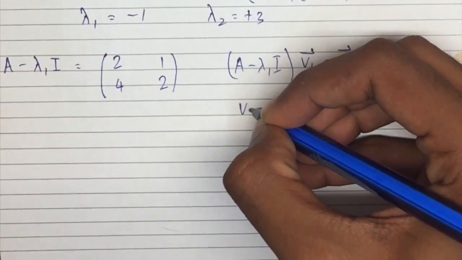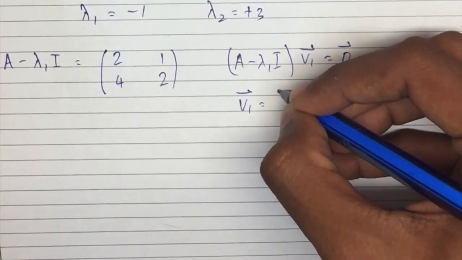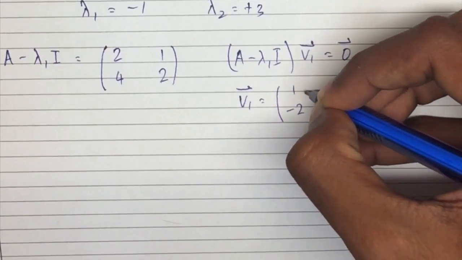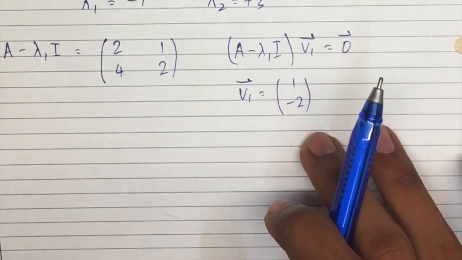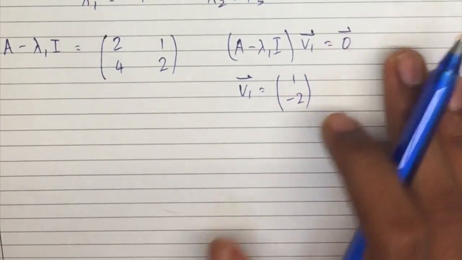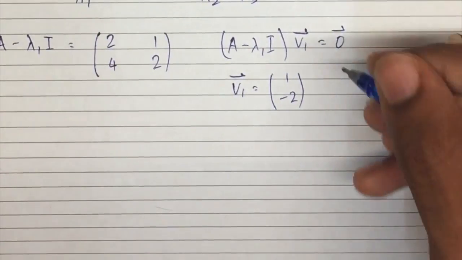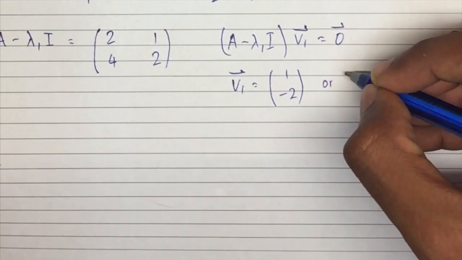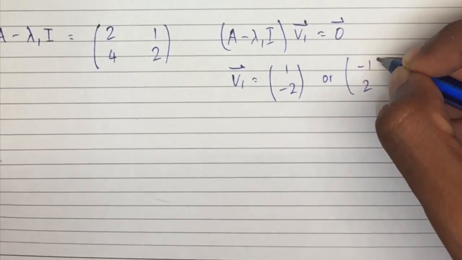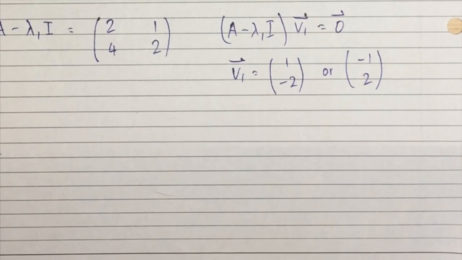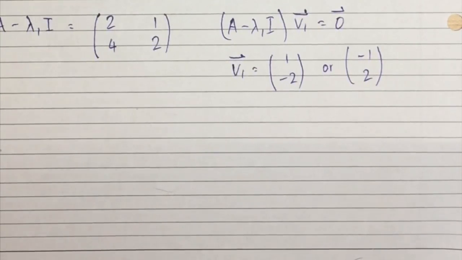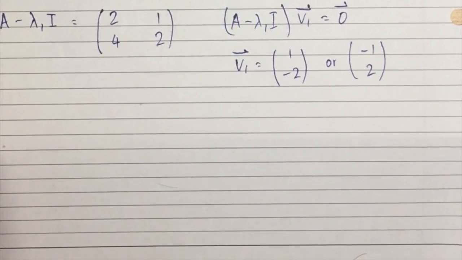So over here, I can just take my v1 as 1 and -2. If I multiply A minus lambda 1 I with 1 and -2, then I'll get the 0 vector, right? And it can also be -1 and 2. Because remember, when you're multiplying an eigenvector by a constant, it is not a new eigenvector.